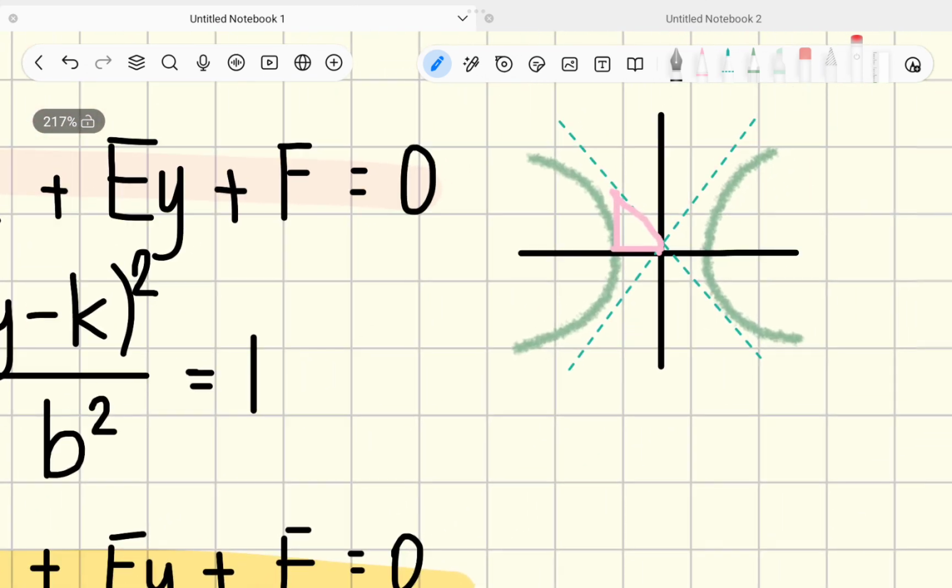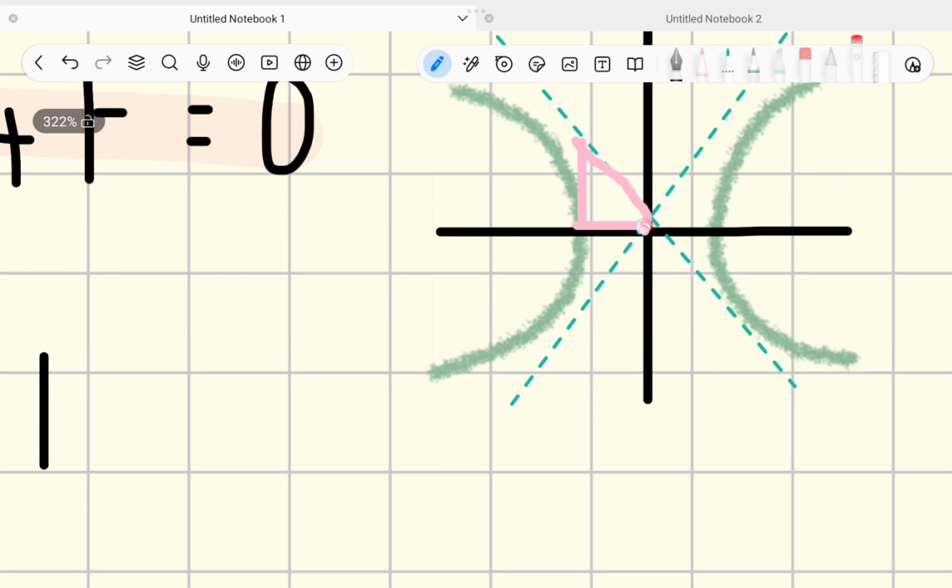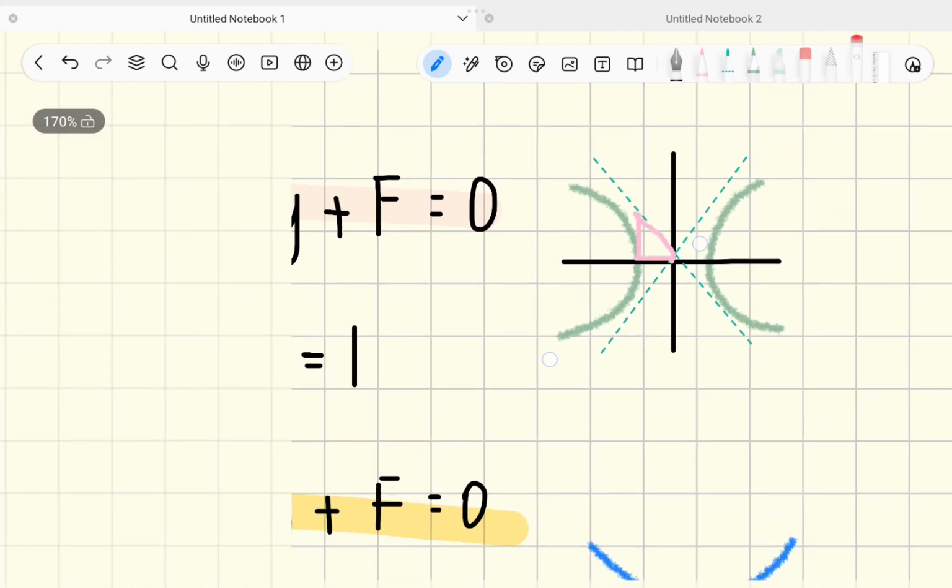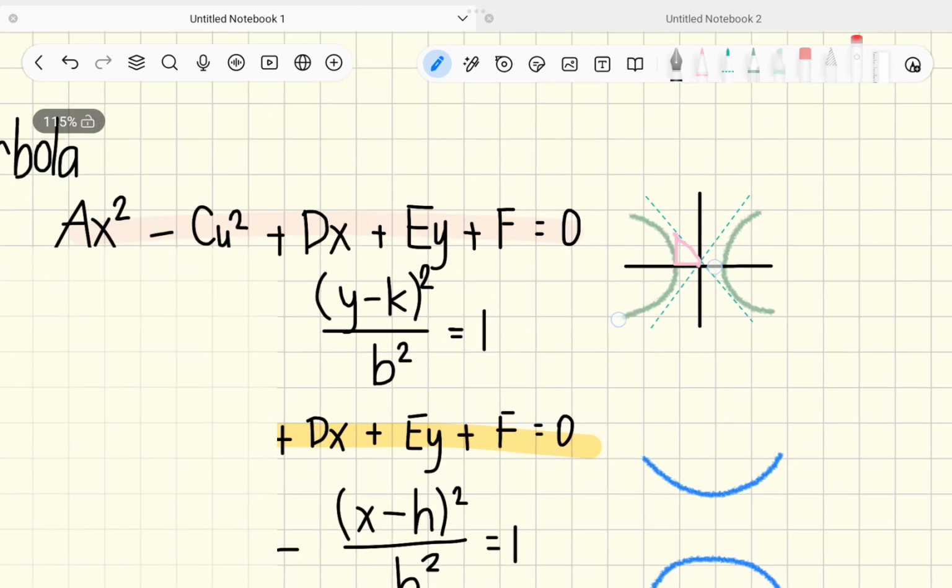The distance from the center to the vertex, that is a. And then c here is the hypotenuse of the right triangle formed. So b will be the distance from the vertex to the co-vertices. And that's where the relationship between a, b, and c comes from.